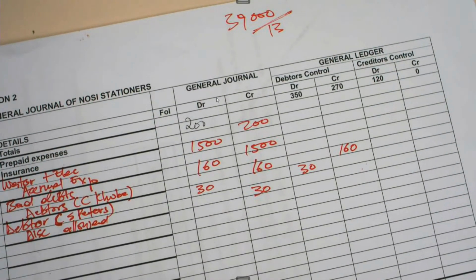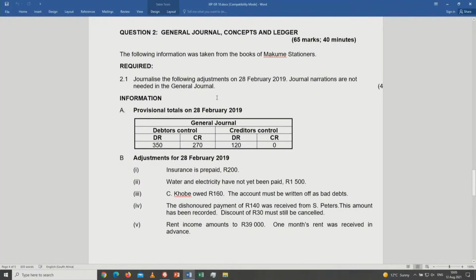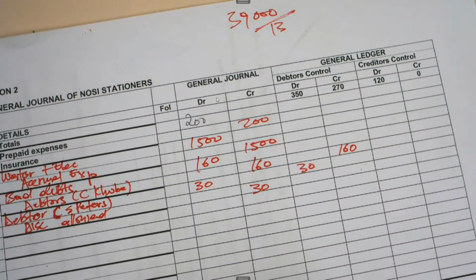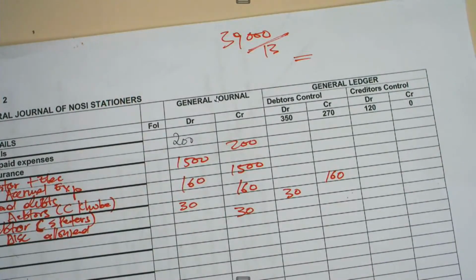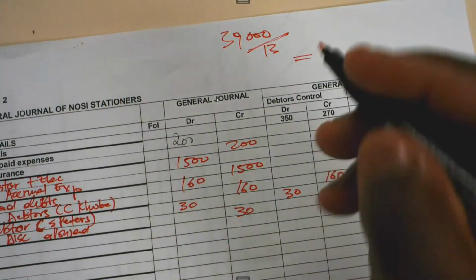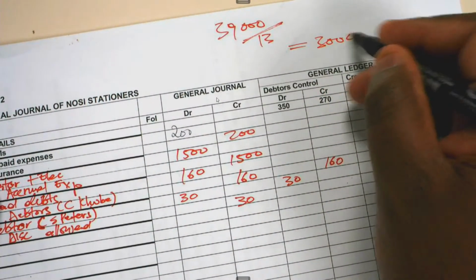So ours is just to check how much is the rent for 1 month that was received in advance. So we'll say 39,000 divided by 13, you get your 3,000.